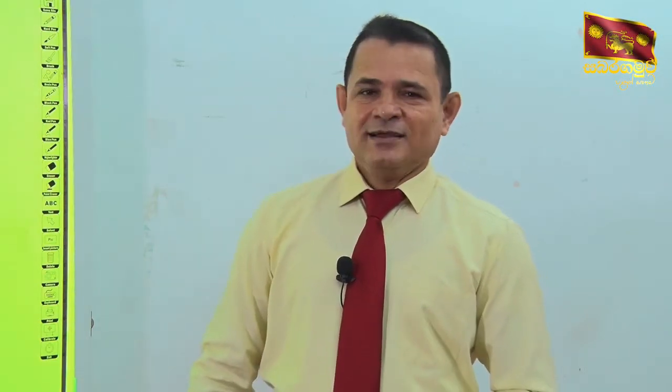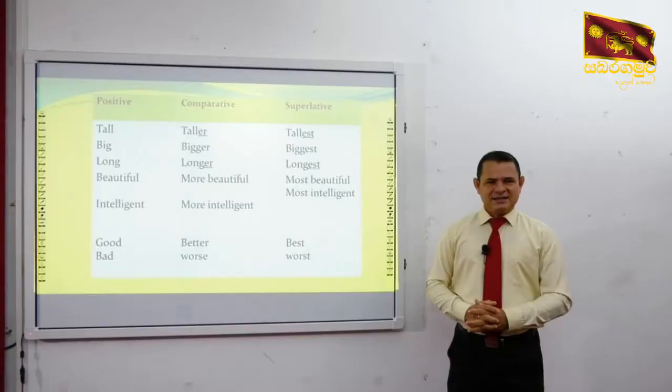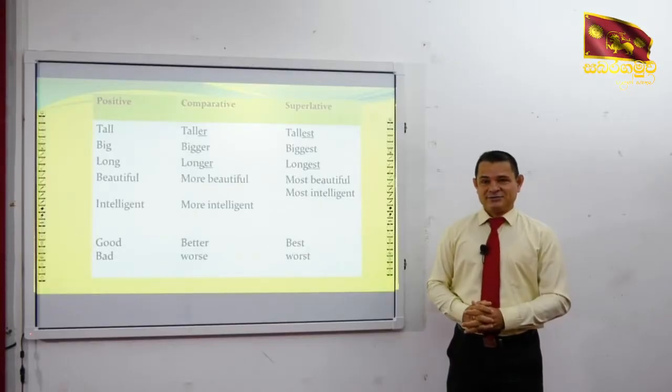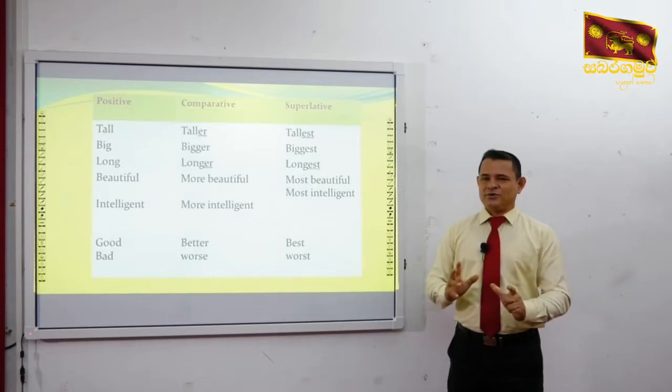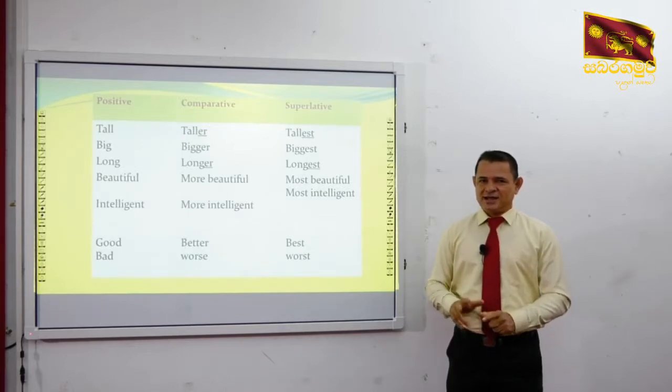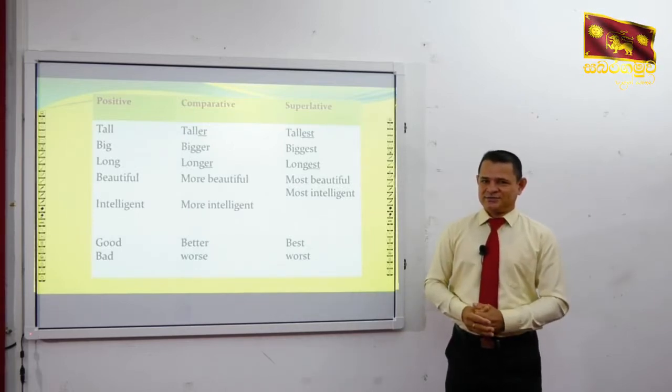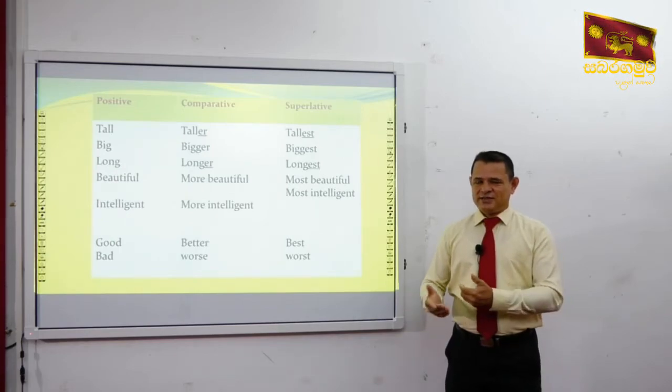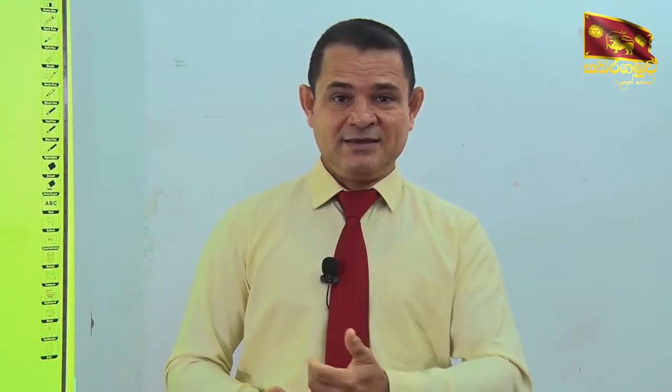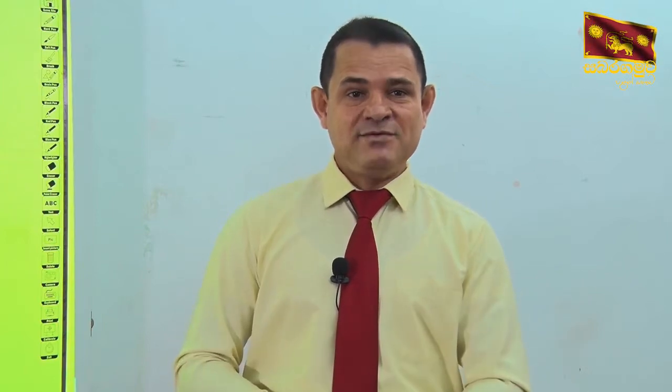And there's another thing that you must learn when you talk about adjectives. Now you know what an adjective is and the ways of using adjectives. Attributive means just before the noun. The other one is just after the be verb, the predicative use of adjectives.